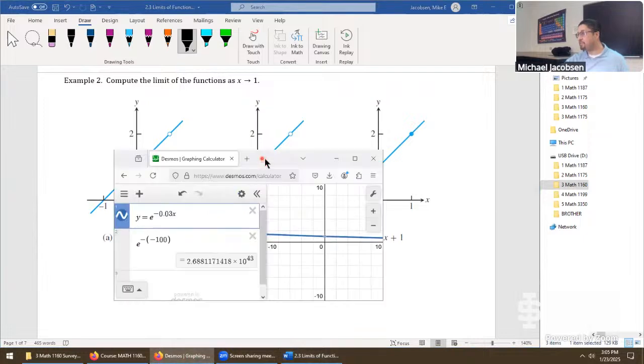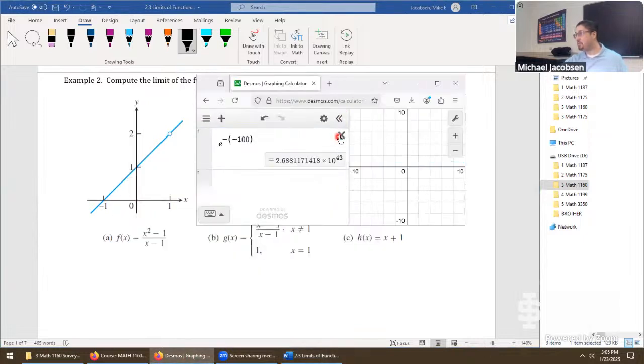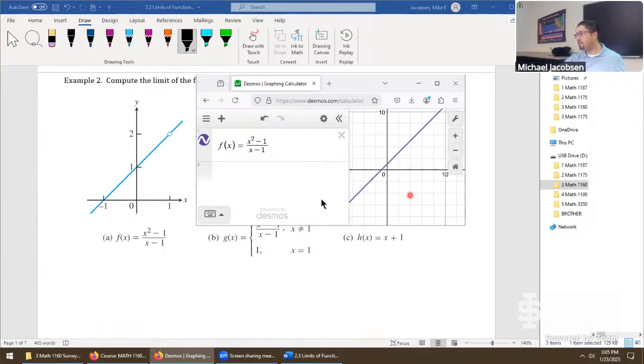Now, the other thing about graphing these functions is it's actually pretty tricky when you plug these into a graph. If you graph this one, let's call it f of x equals x squared minus 1 divided by x minus 1, and then compare the graphs we're looking at, it seems like this graph is a lie, right?